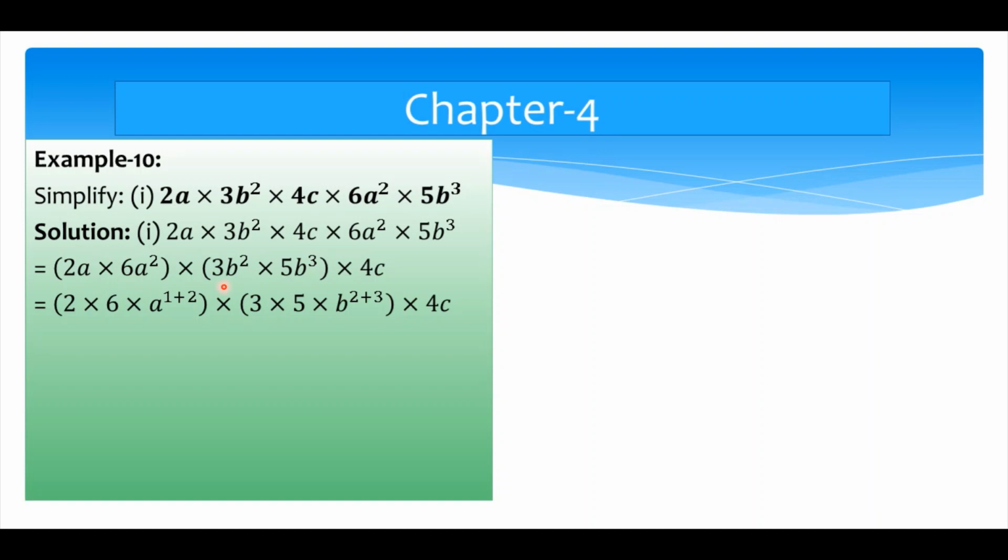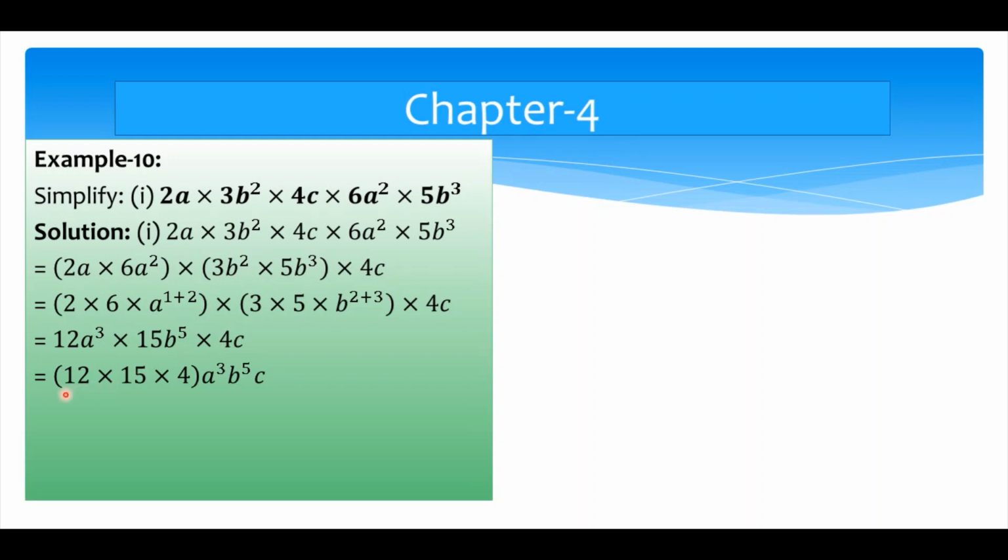And here you can see 3 multiplied by 5, that is the coefficient, and b to the power 2 plus 3, that is the power, multiplied by 4c. 6 multiplied by 2 is 12 a cube, multiplied by 15, 3 fives are 15, b to the power 5, multiplied by 4c.